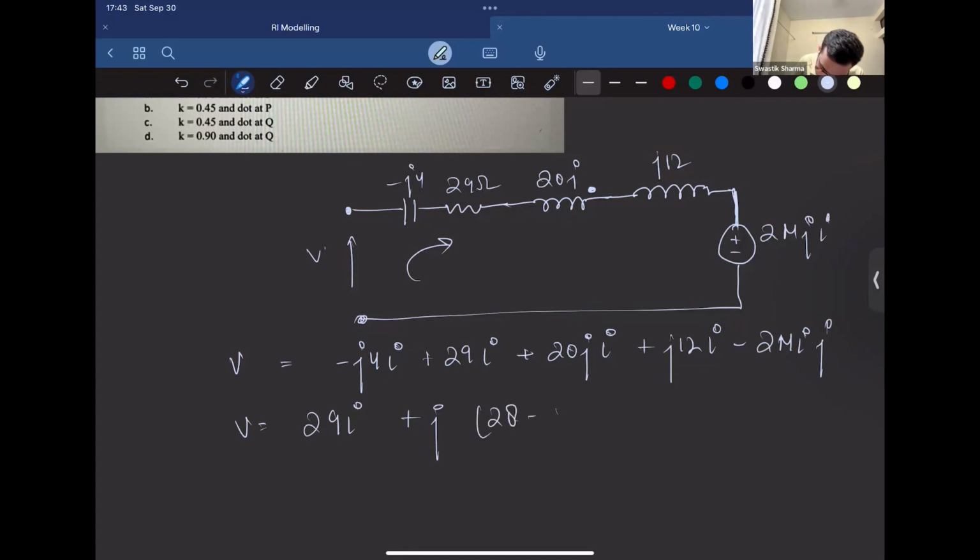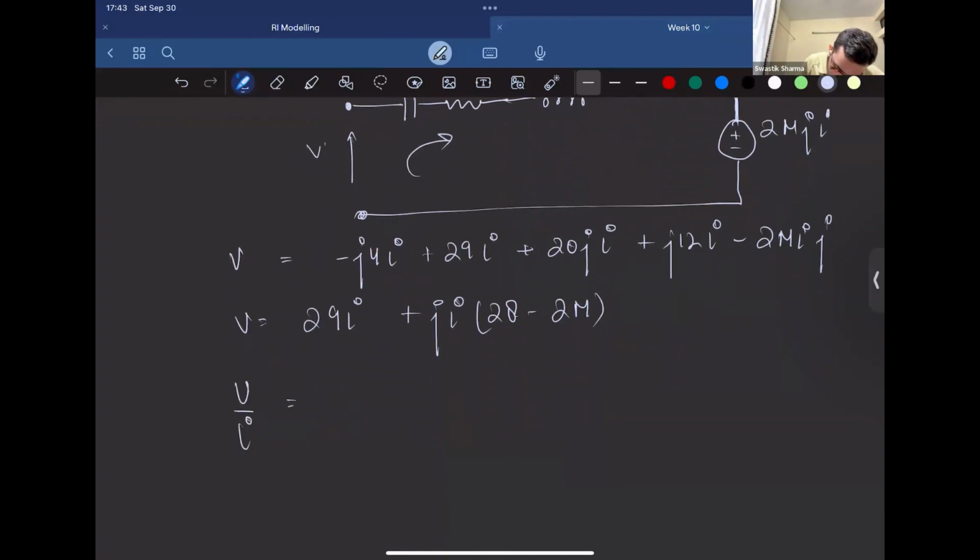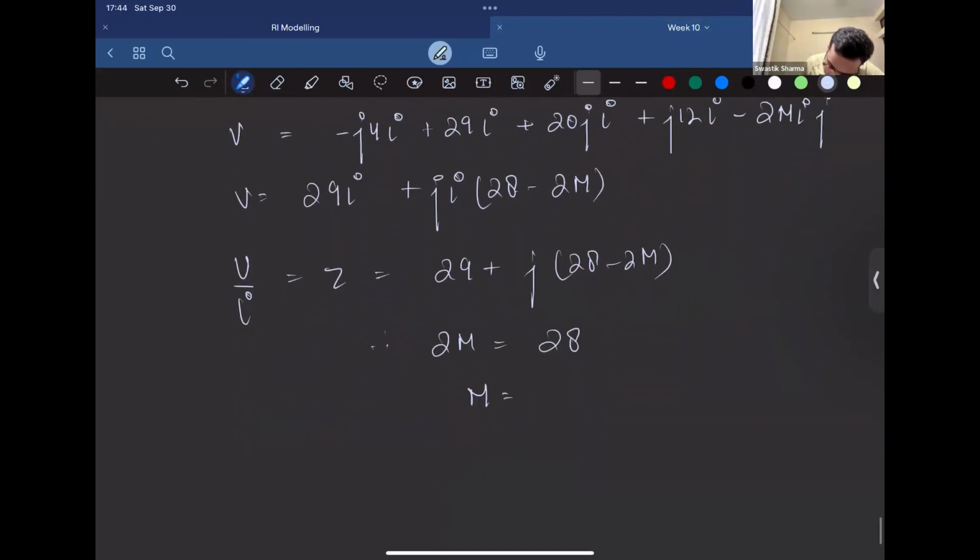So 28 minus 2M. So what is V by I, which is Z, which is 29 plus J times 28 minus 2M. So therefore, what is 2M? It is 28. That means M is what? 14, right?